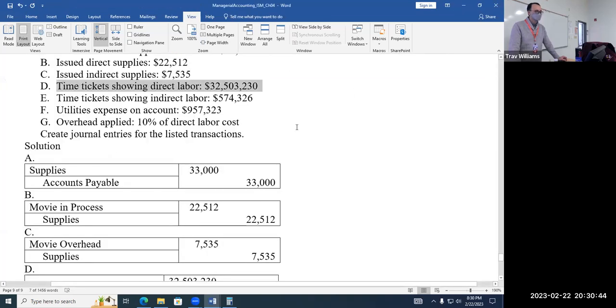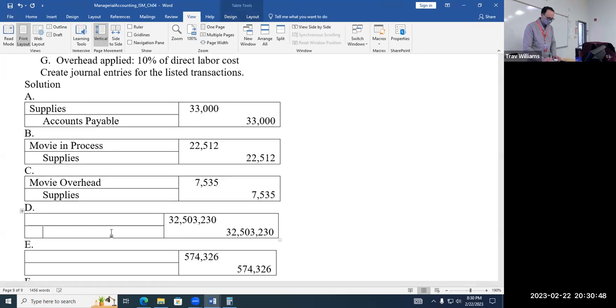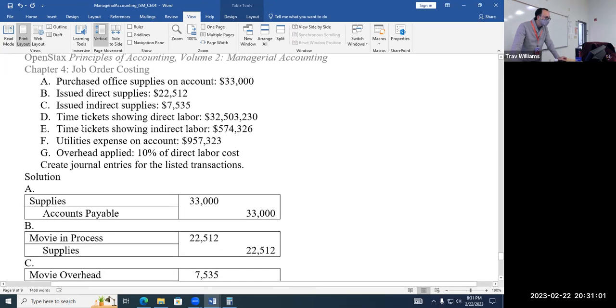Salary payable. Okay. I don't know why, but they're calling it salary payable. Again, companies have a little bit of discretion exactly what names they give to their accounts. So salary payable, and that was, I think, for this particular movie.